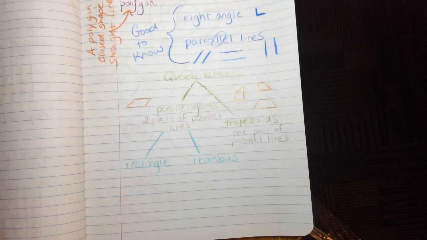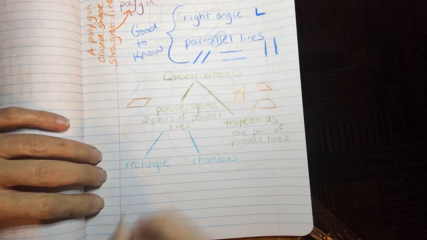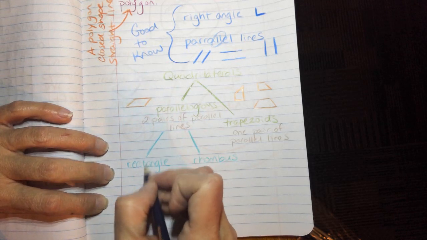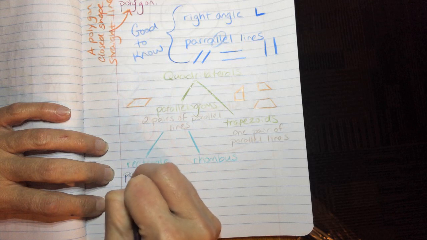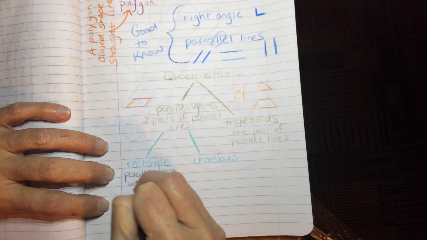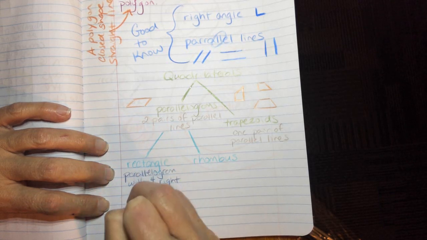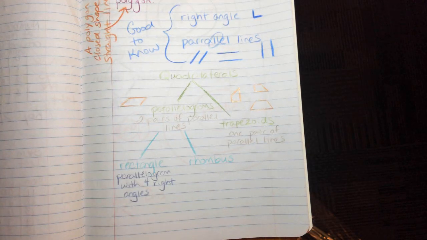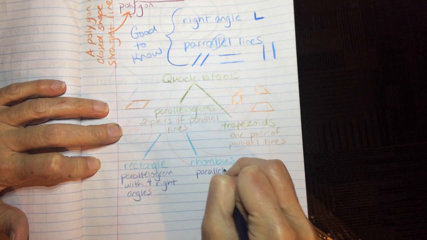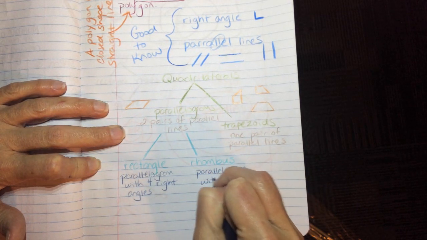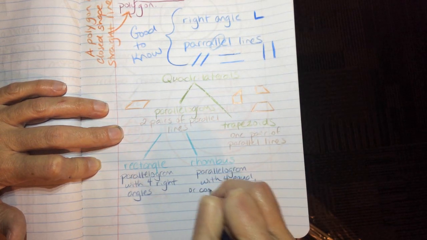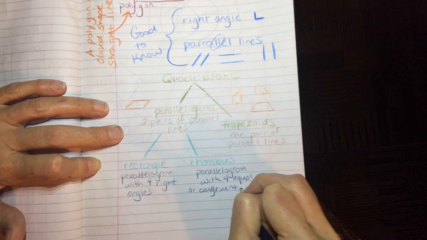So what's a rectangle? What's a rhombus? A rectangle has two pairs of parallel lines, just like a parallelogram, because it is a parallelogram. It is a parallelogram with four right angles. A rhombus is a type of parallelogram with four equal or congruent sides, because the word congruent means same.